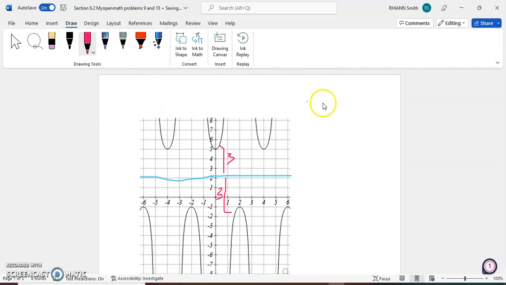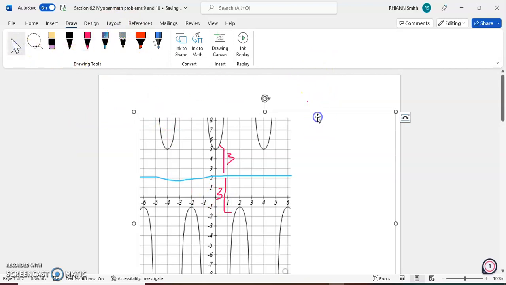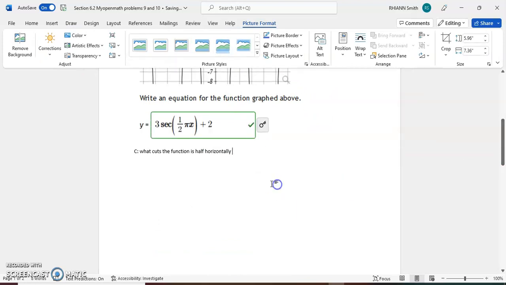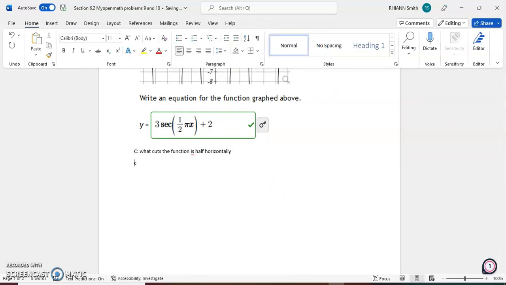So we already got that our midline is 2. Our altitude is 3.